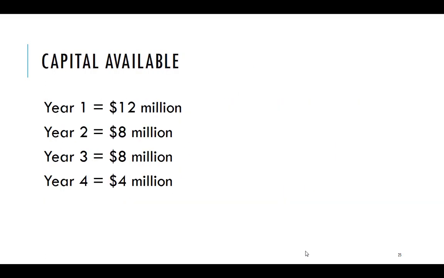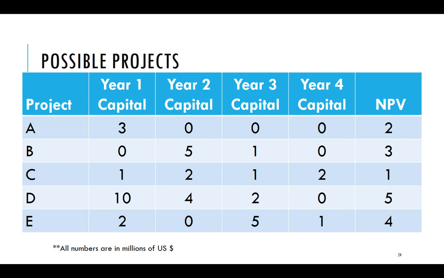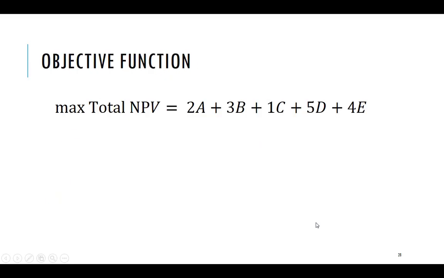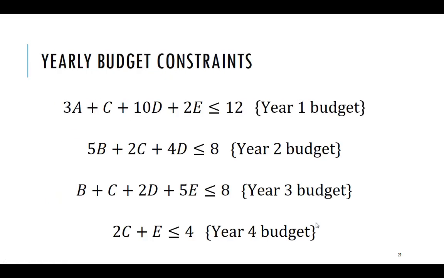Again, if I go back here, I'm taking this first column for year 1 capital, multiplying it times its variable. There was no B, so it would be 0B, so that one was left out. And we said this was 12 million, 8 million, 8 million, 4 million. So that's where those constraints are coming from, which are relatively straightforward as well.